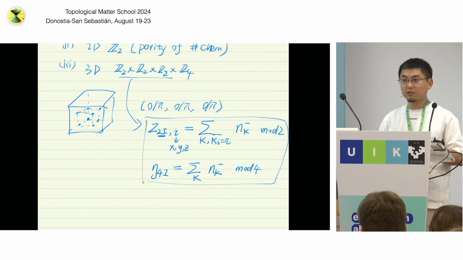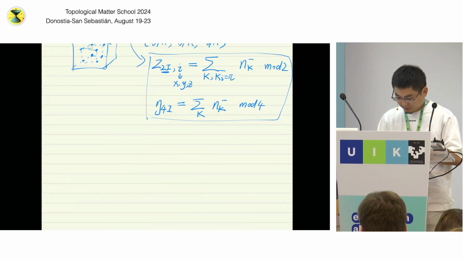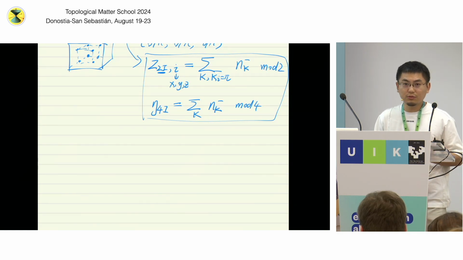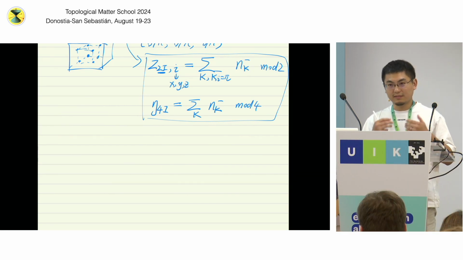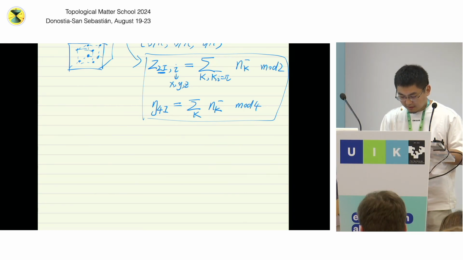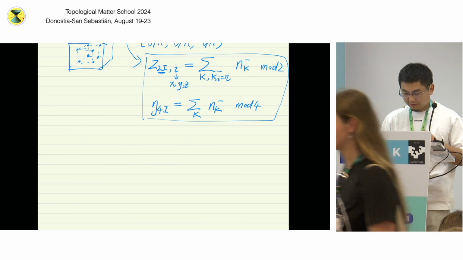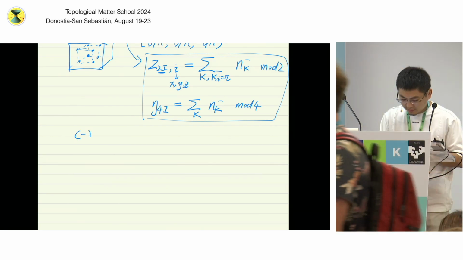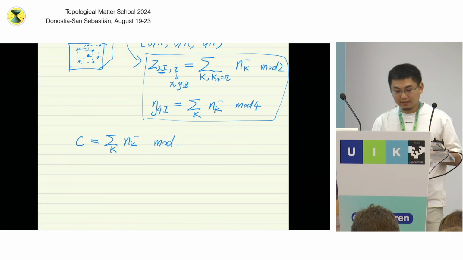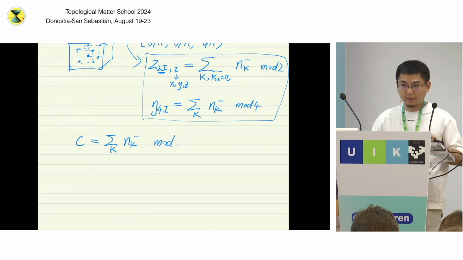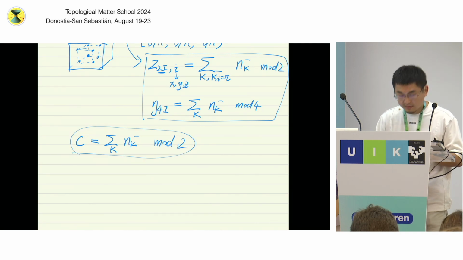Let me explain the physical meaning of these indicators. So first, these 3 Z2 factors are easy to understand. As we have established yesterday, for a two-dimensional system, if we have a Chern number C, then we have this relation: C equals the parity of the number of occupied states with an odd parity, right? So we established this relation.